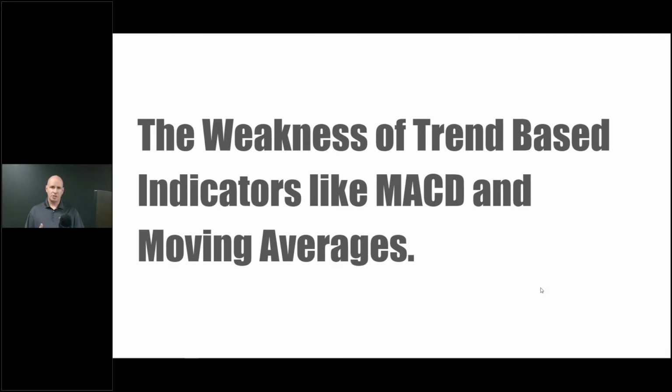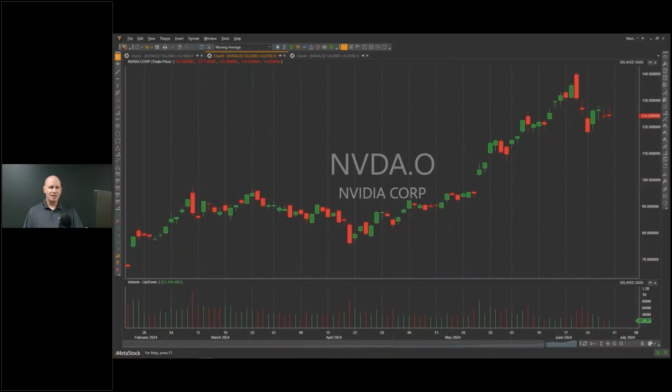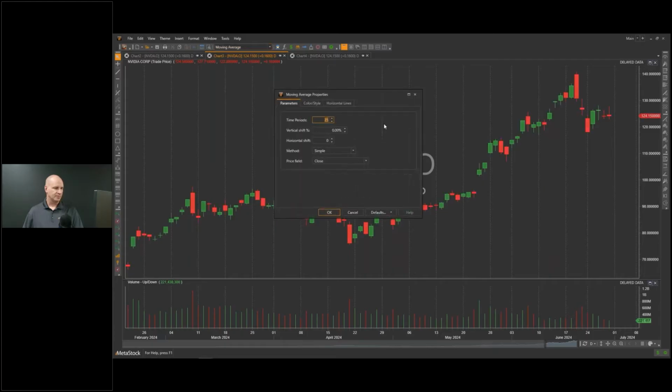But let's go over to a chart here for just a moment, and let's look at NVIDIA on our chart. If I were to just drag a moving average onto the chart, and let's just say I wanted a 20 period moving average.